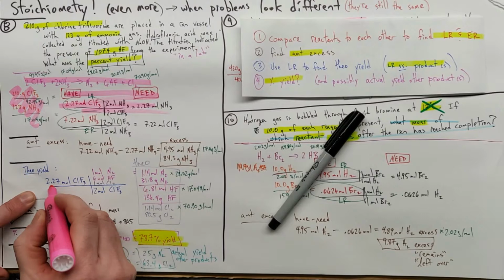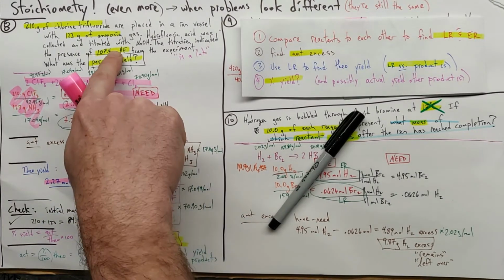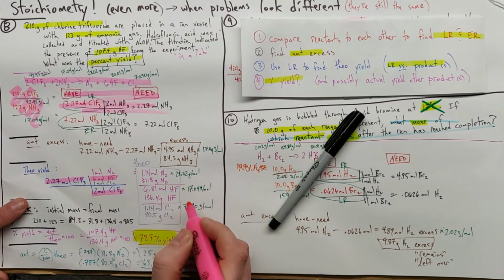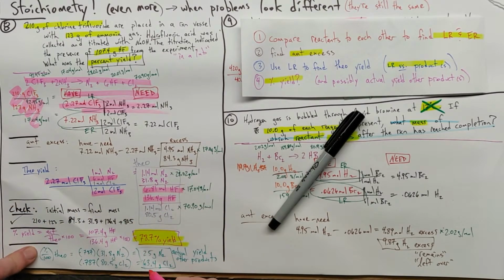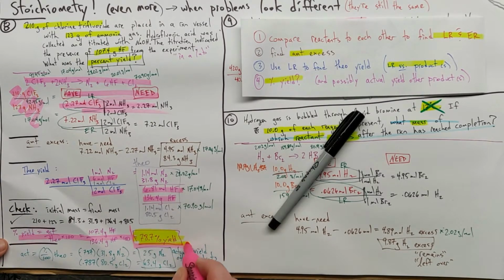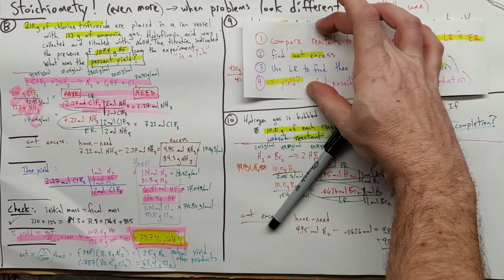For our theoretical yield, you needed to take the moles of ClF3, and we were only worried about the HF. So I could have done just that right there, and I could have just had these numbers here, okay? And then to get our % yield, we have to do this step right here to get the thing we need. So this gives us the tools to find anything we might need.